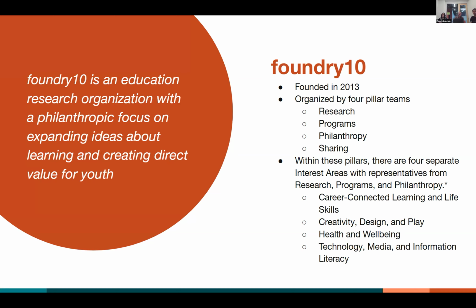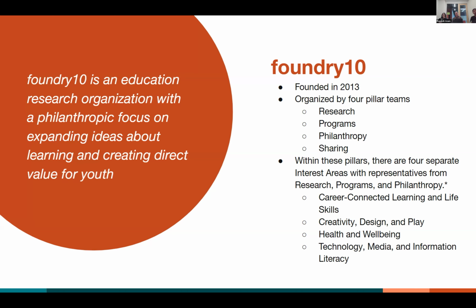We have the ability to work with our core program developers who go out to nonprofits, after-school programs, and schools with other educators, or just internally, develop programs, refine programs, and deploy programs, with a lot of face-to-face contact with youth. We have philanthropy, so we do have a funding wing, usually applied direct value for youth. Again, things for after-school programs, classrooms, direct value for youth. And sharing is our media wing. That's the horizontal axis of the matrix.